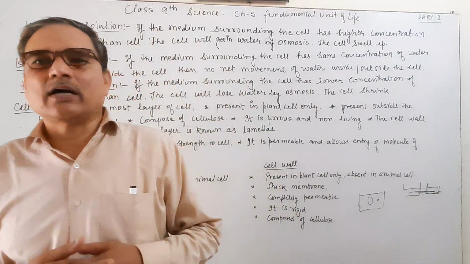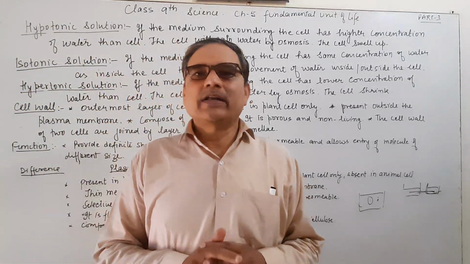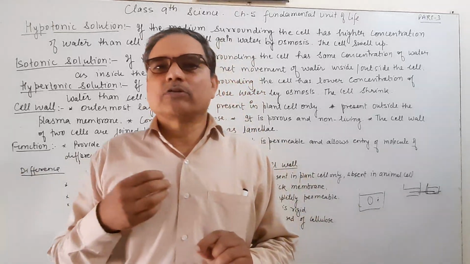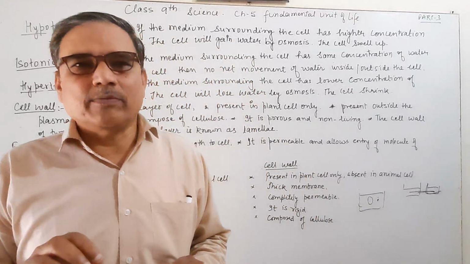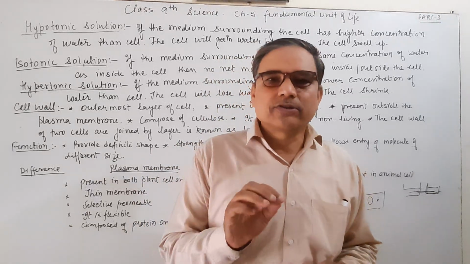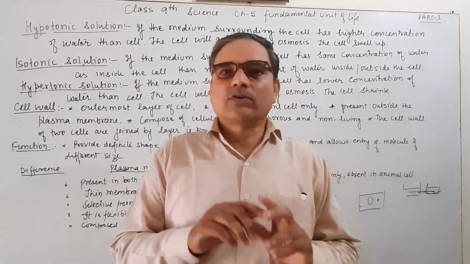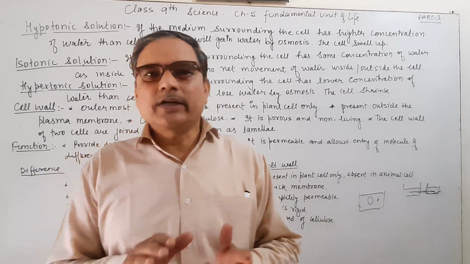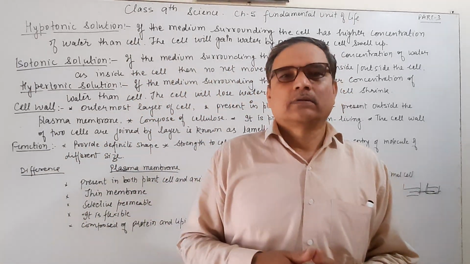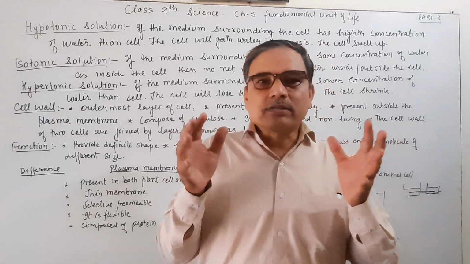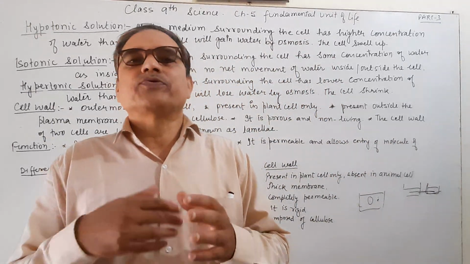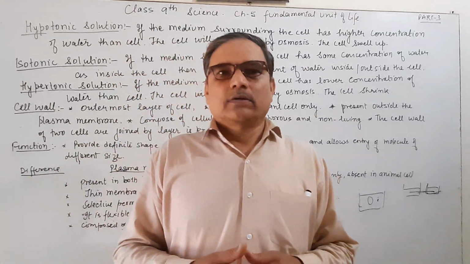And the cell membrane we already discussed. The cell membrane is the outer membrane of the cell. It is present in both plant cells as well as animal cells. But the cell wall is also an outer layer of the cell, but it is present above the plasma membrane, and it is rigid, hard, and made up of cellulose.